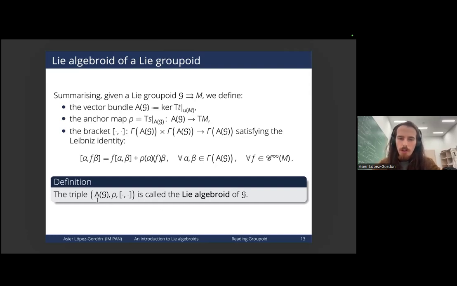And we will call this triple the Lie algebroid. Well, as usual, when it is clear, we will just call A of G the Lie algebroid of G.